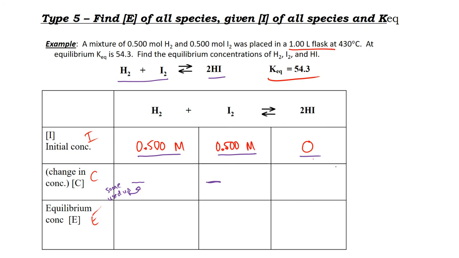What do I know about this product? How is it going to change? Well, if some of my reactants are being used up, then some of this product will be formed. So how is its concentration going to change? It's going to increase. So it's going to be a positive change.